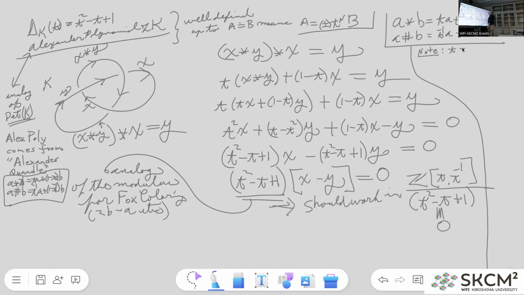If we take T equal to -1, then what will these operations be? Minus A, 2. Minus A, 2. So this is Fox coloring.